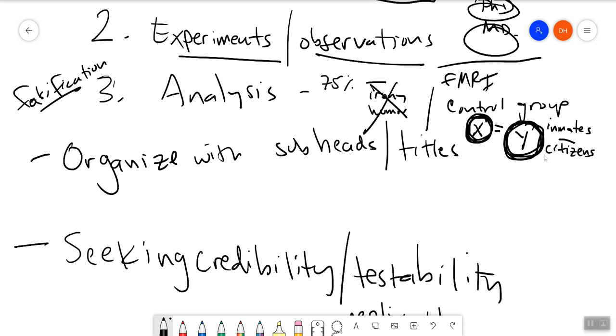And then if there is a big difference between my target group and control group, then that bolsters my original hypothesis. I might say, okay, well, there's something to it. Maybe irony comprehension and sociopathy are related, or a lack of irony comprehension and sociopathy. So you see that these control groups are actually very important. And I'm sure that in scientific experiments or papers you're going to do or write, these are probably going to be discussed.